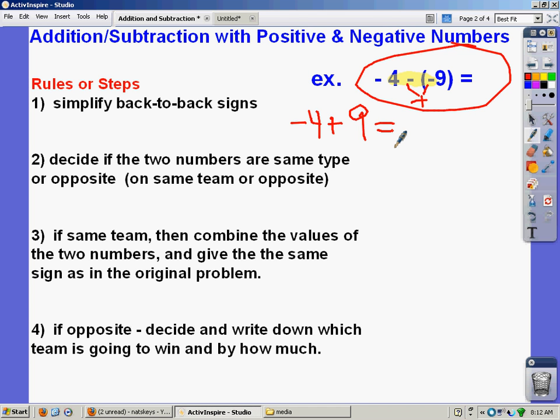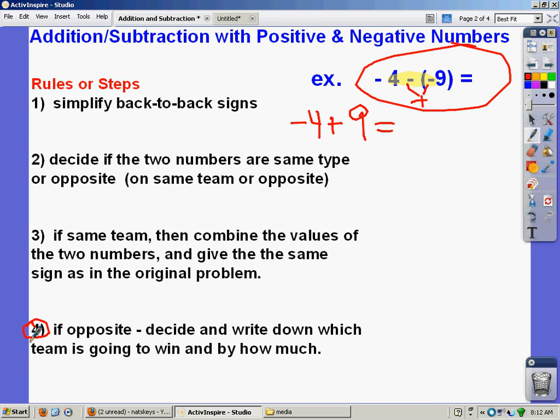Now, the second question, because the first question was really to simplify: are these two numbers the same type of numbers? I've used the analogy of teams before. Are they on the same team? Well, clearly they're not. One is a negative number, one is a positive number. If they're opposite teams, we could jump right away to rule number 4, or step number 4.